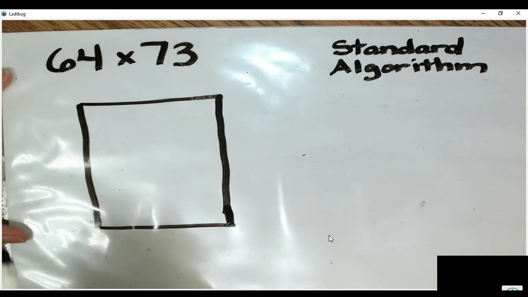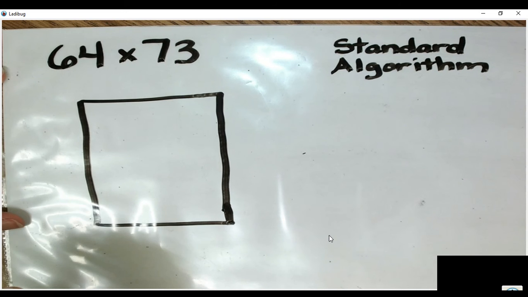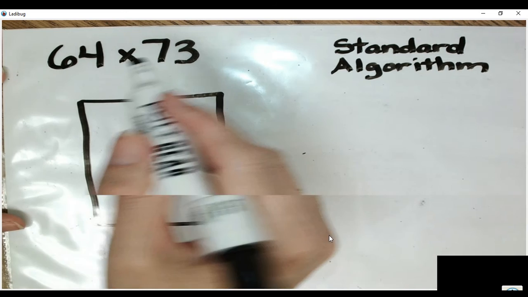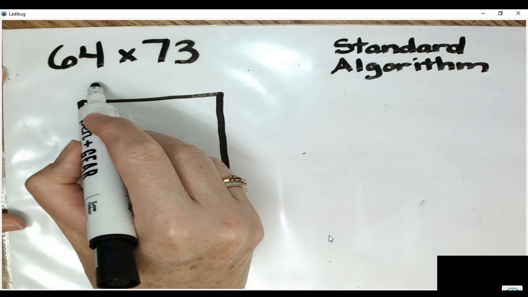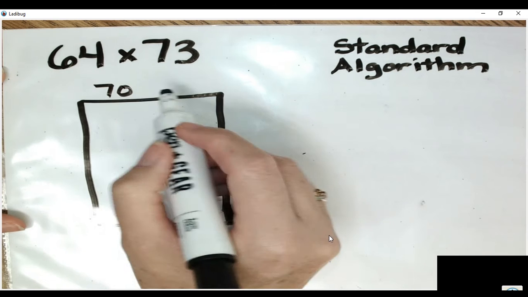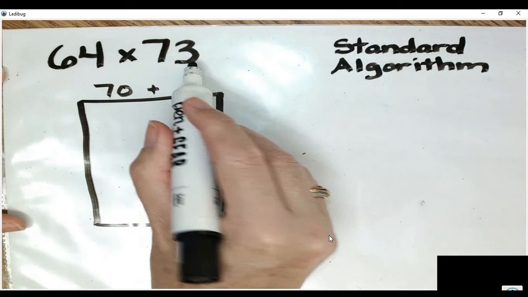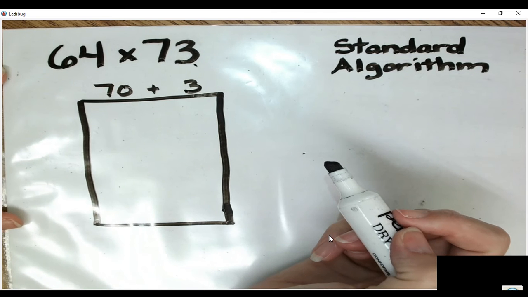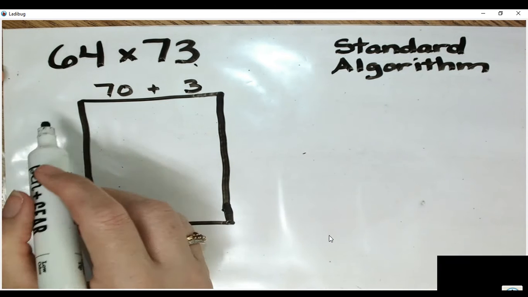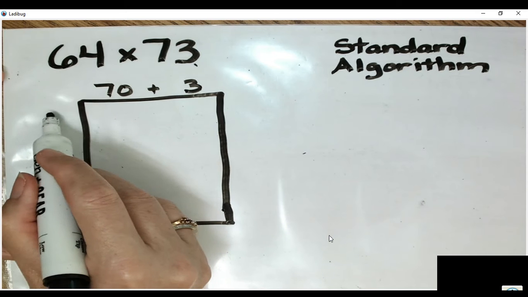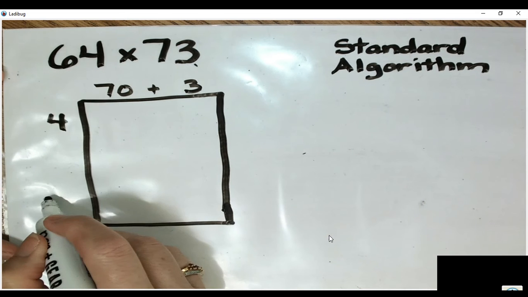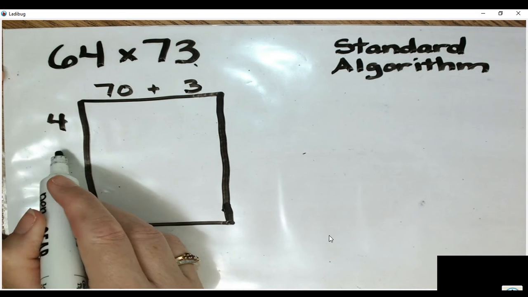Today, we're going to decompose both factors, okay? So we're going to put 70 plus 3 at the top. We have decomposed 73. And we're going to decompose 64. We're going to put the 4 here and the 60 here.